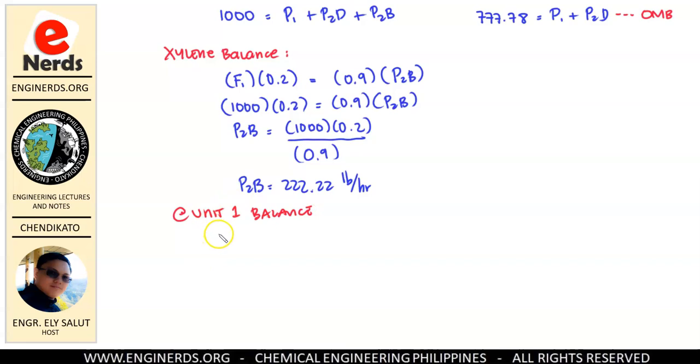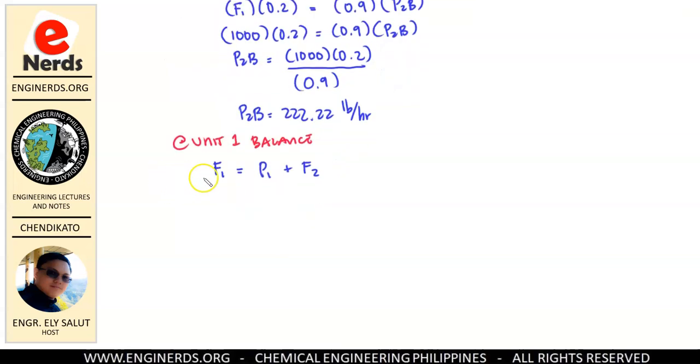Katulad ng sinabi natin kanina, stream F1 is entering and we have 2 streams exiting, which is P1 and F2. And we know the value of F1, which is 1,000. So we have 1,000 is equal to P1 plus F2. This is our material balance sa ating unit 1, and let me name this as equation number 1.